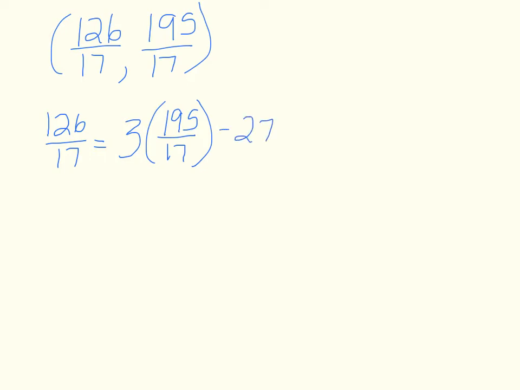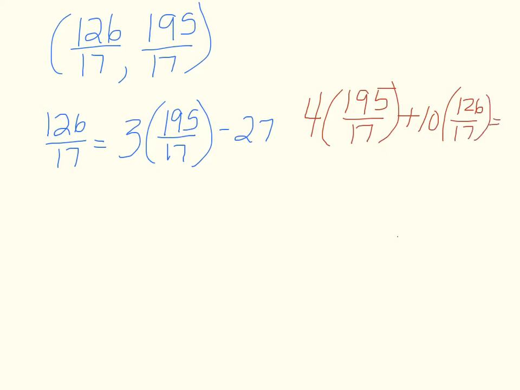That's my first equation. And my second equation is 4 times 195 over 17 plus 10 times 126 over 17 equals 120.